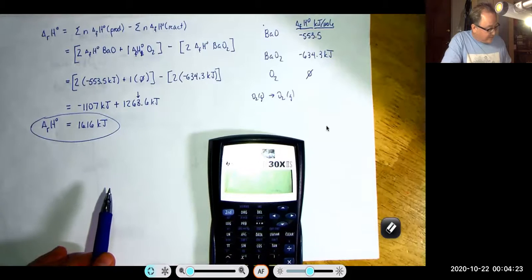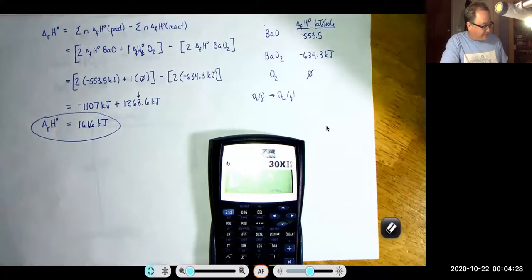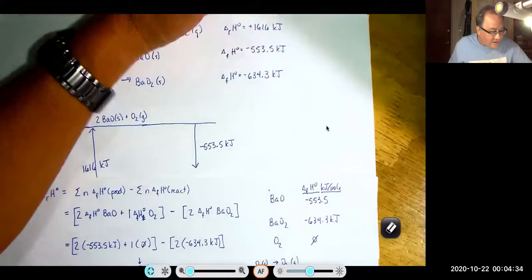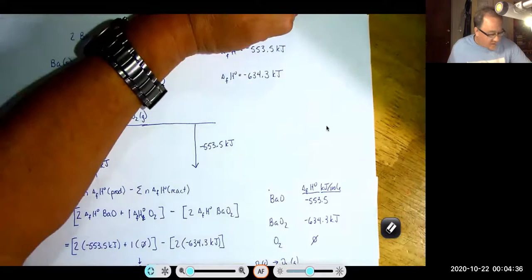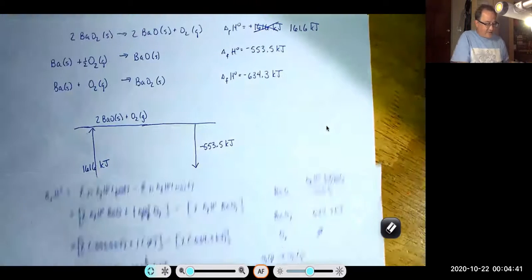Clear. It's 161.6 kilojoules. Darn it. So I got to go back here and call this 161.6 kilojoules. So that's the answer.